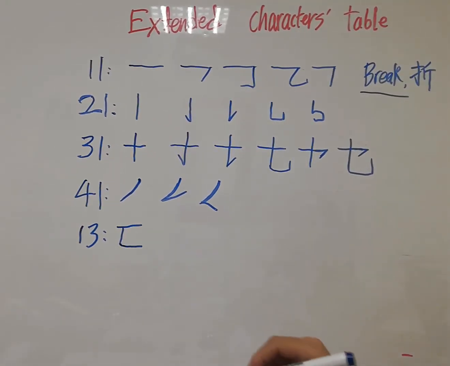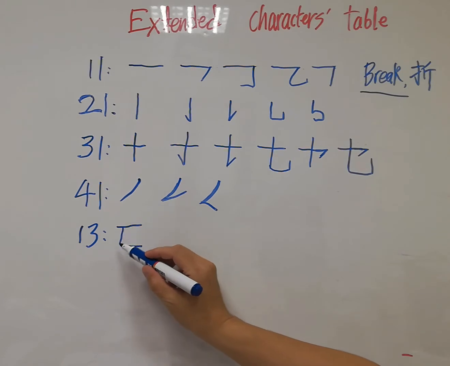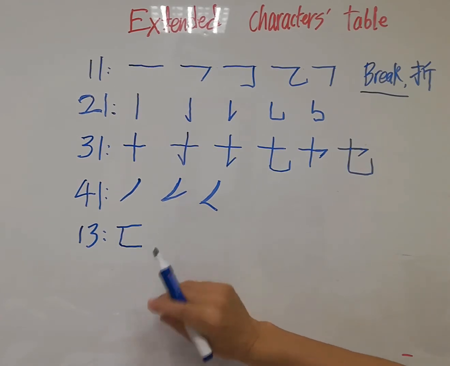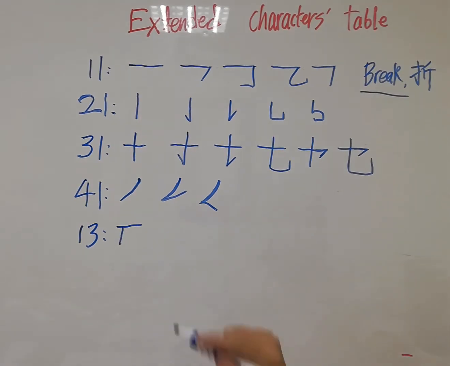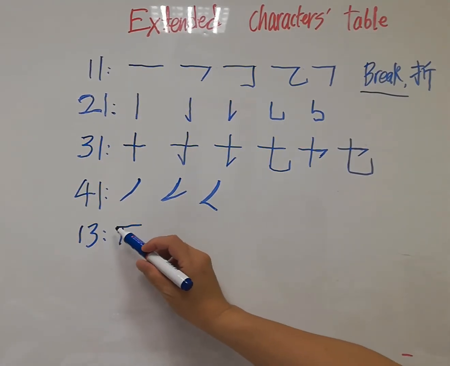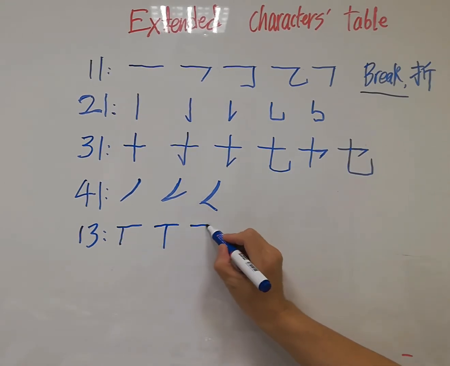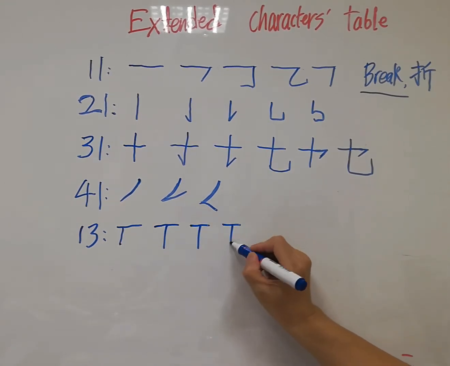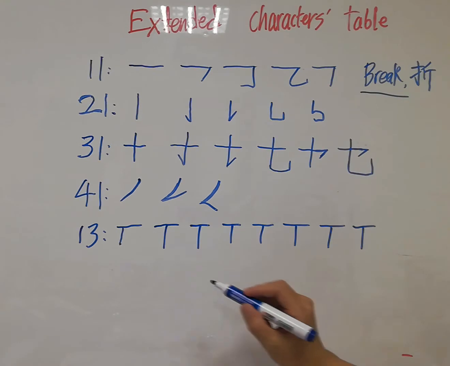Now let's look at 1-3. 1-3 is right frame. If we get rid of the break, the right frame will become Hensu. Now let's add some modification to these characters.